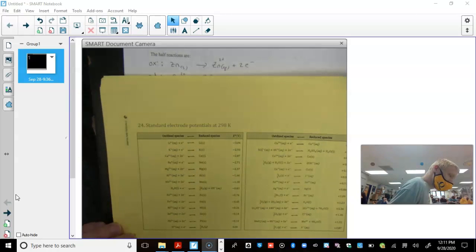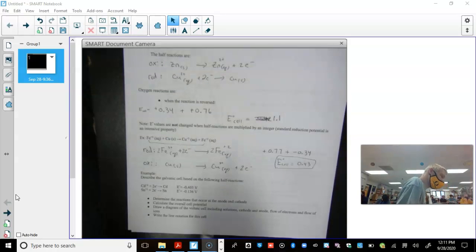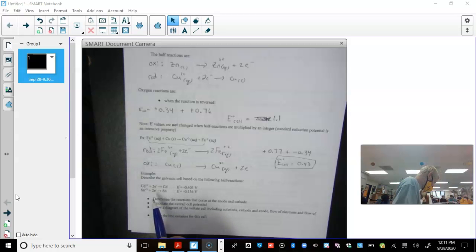Oh, it's not on there. Is there tin on there? Okay, we got tin, so we'll go with tin.